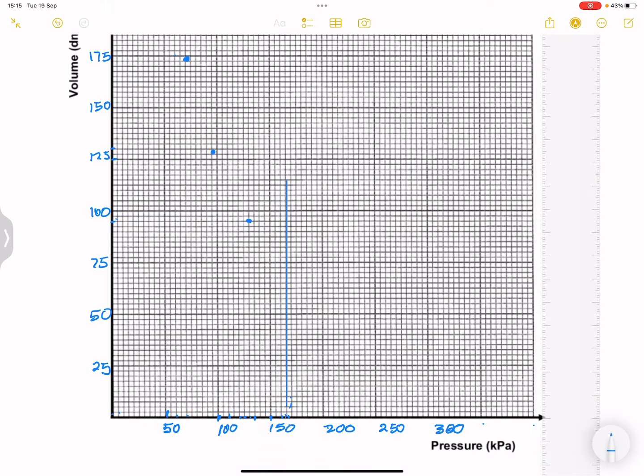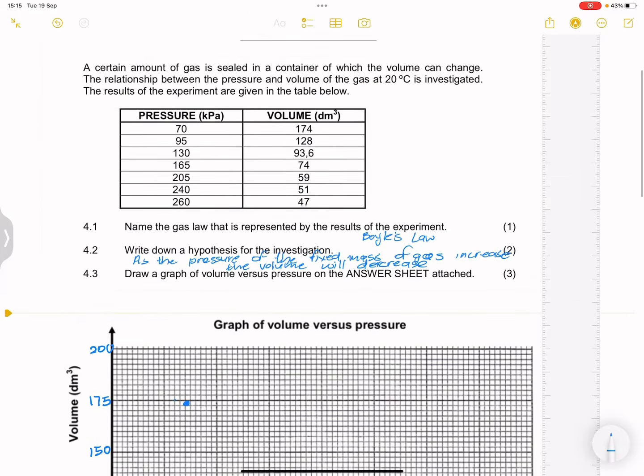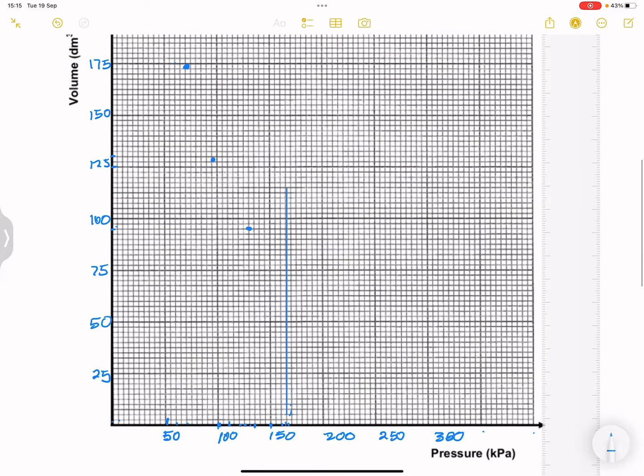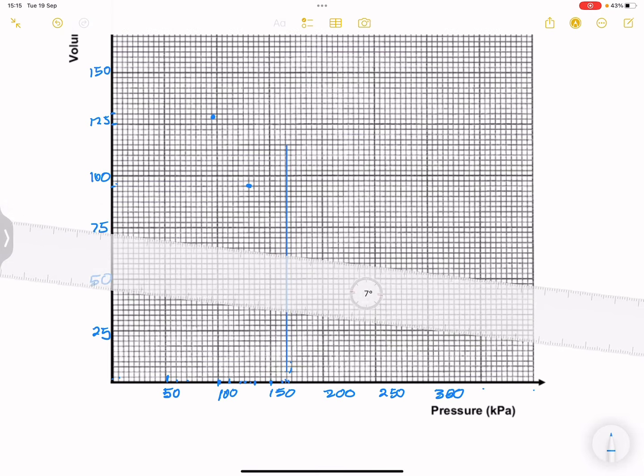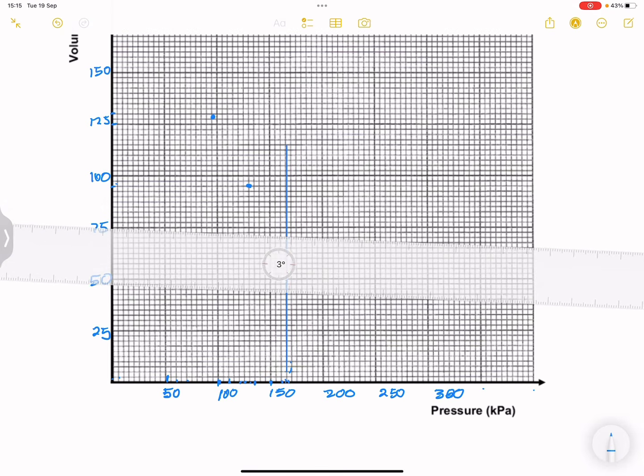Now that's our 165 line, and we are looking at 74. That would obviously be just slightly below 75. So that's 75 over there, and 2.5.